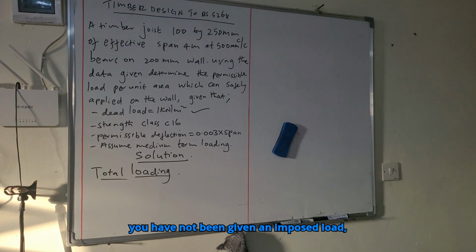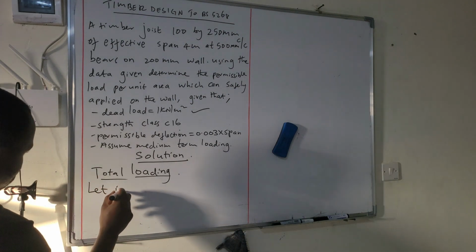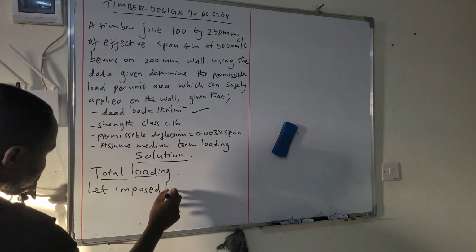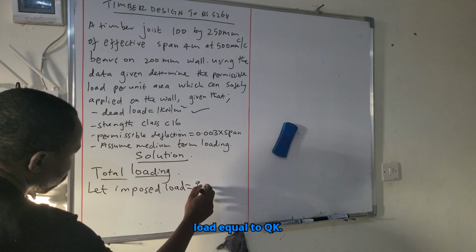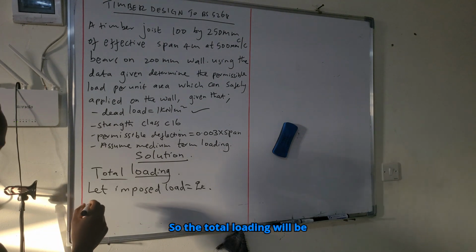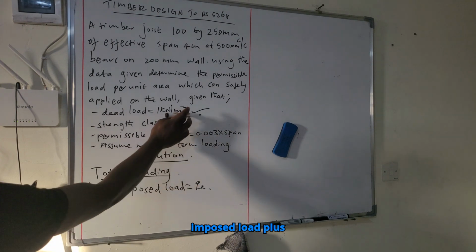Since you have not been given an imposed load, we will say let imposed load equal to Qk. That is our imposed load. So the total loading will be imposed load plus the dead load.